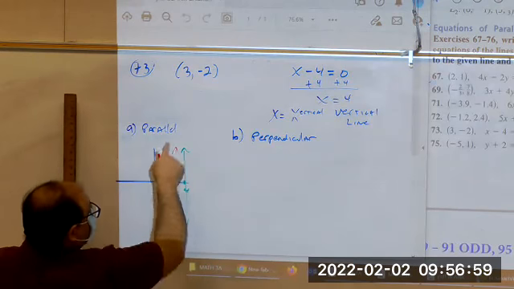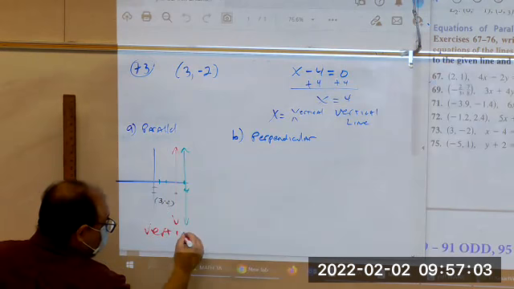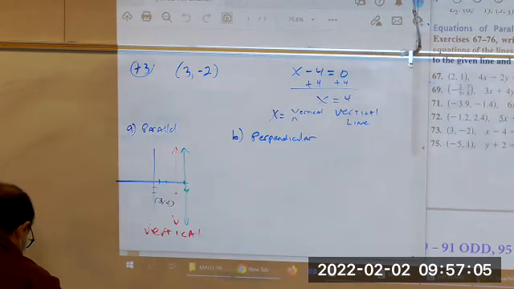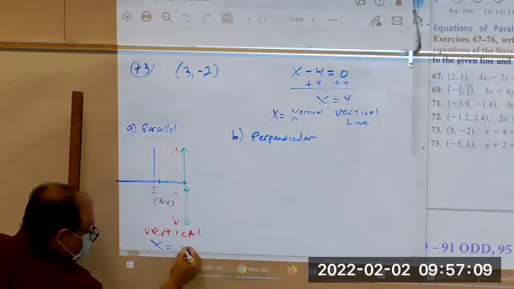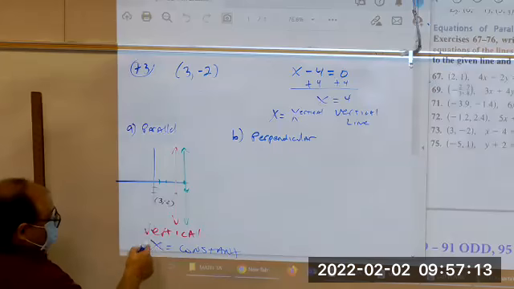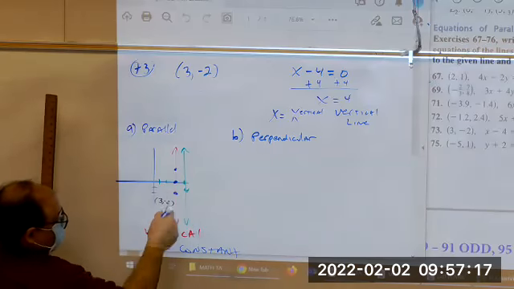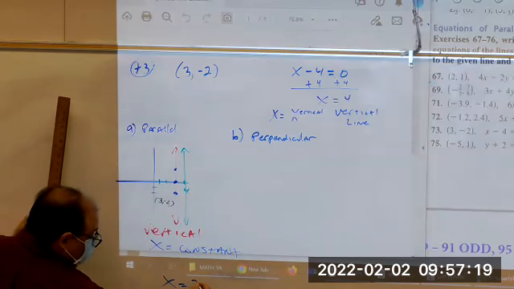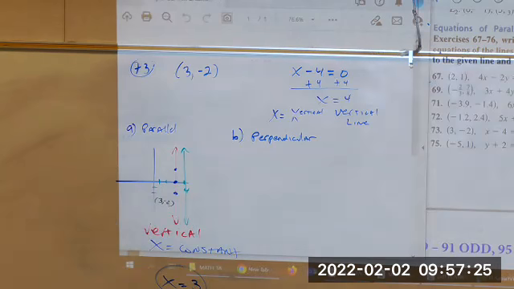Therefore, I know my parallel line is vertical. And I need to remember that when I have vertical lines, it's x equal to a constant. So all I have to write is, what's the x that this is going through? These x's are always 3. And that's it, there's my equation. That's all you have to put.